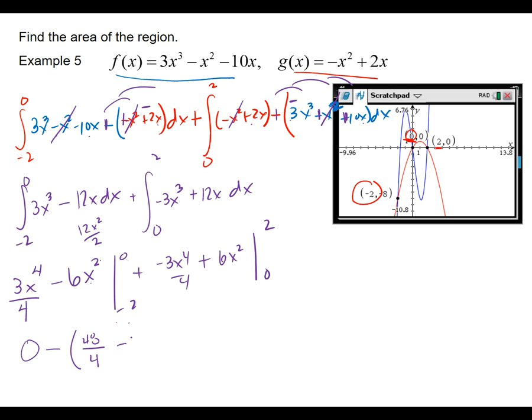Then we've got to go plus. We're going to put in a 2 to the fourth, and we get 16 times negative 3 is negative 48 over 4. And we'll reduce it a second if we need to. Okay. What's 2 squared? 4 times 6. Is this 0 going to matter? It's minus 0. You need to write it down so you know you take care of it. Great. If not, you don't have to.